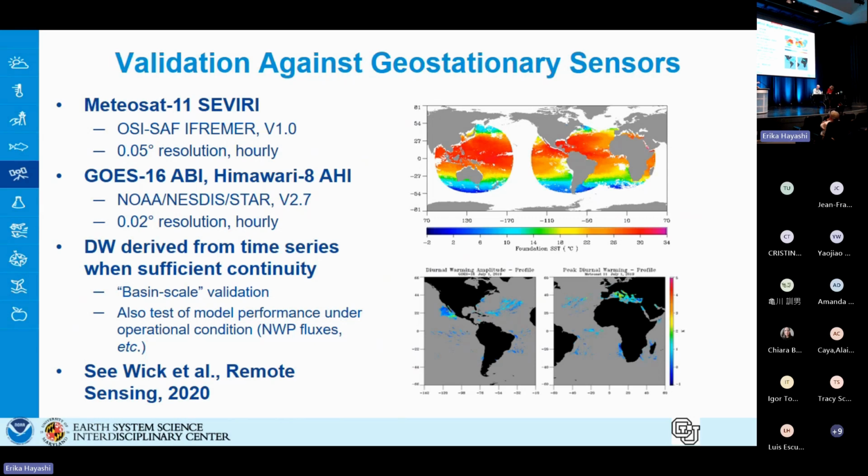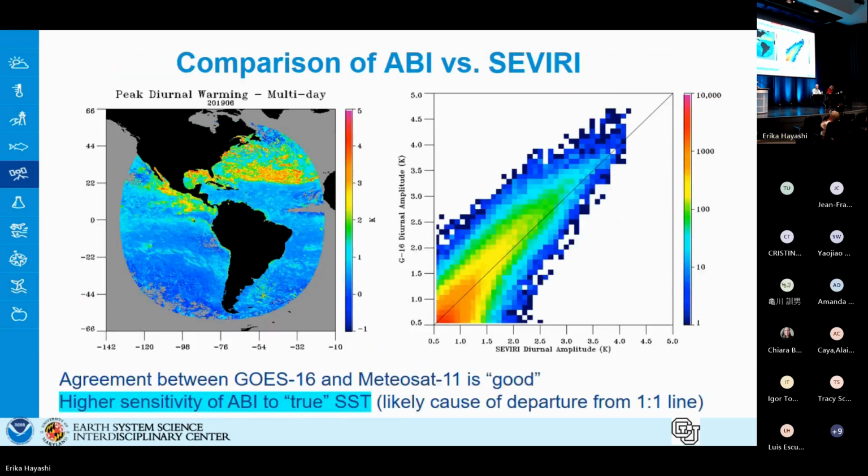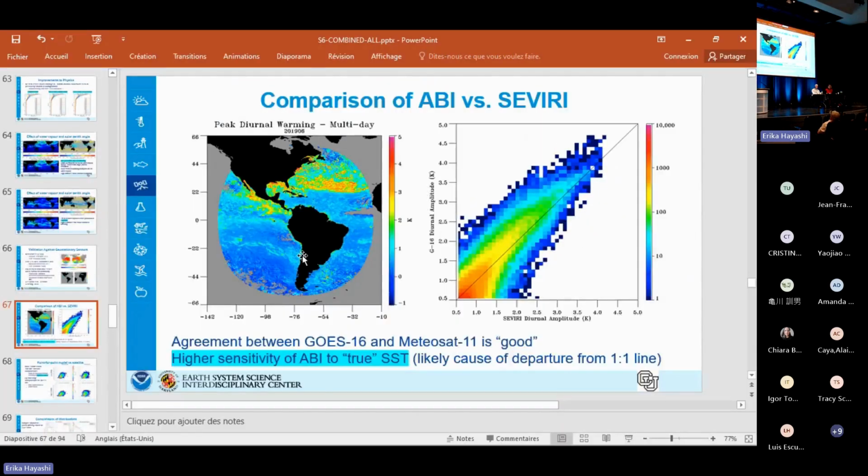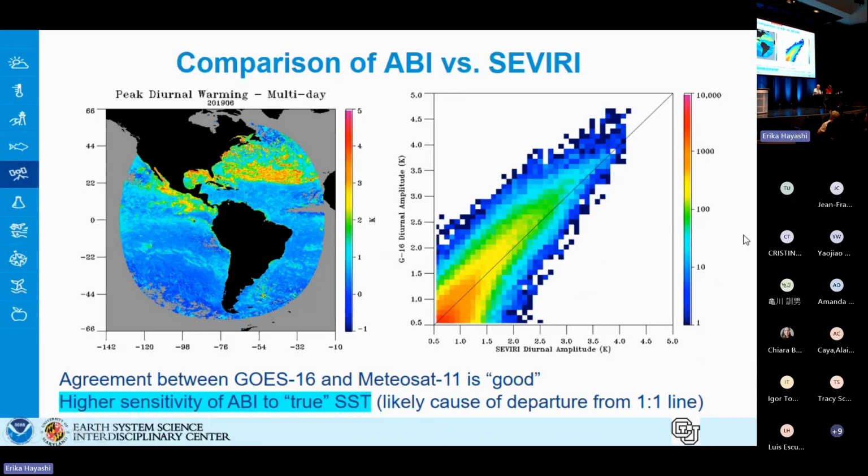So this is an example of one day that you can pull out. And also another thing here, what we're looking at is a comparison between, we do also have an overlap, basically. So here we have GOES-16 diurnal warming, and you can overlap it with Meteosat 11, and on the right-hand side, what we have here is the comparison between the several observed amplitudes, going up to maybe 4.5 degrees in the GOES data.